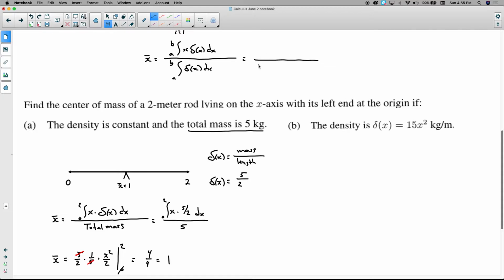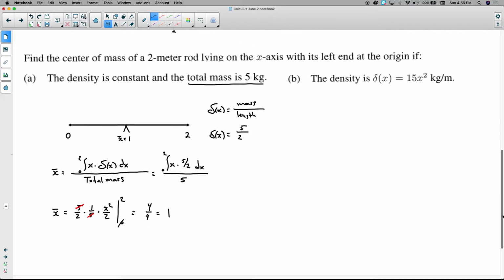This is ending up to be the total mass, and this, I suppose we can write, is the sum of the moments. Mass times displacement. These make mass together.